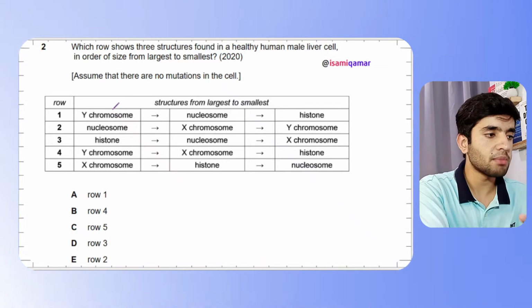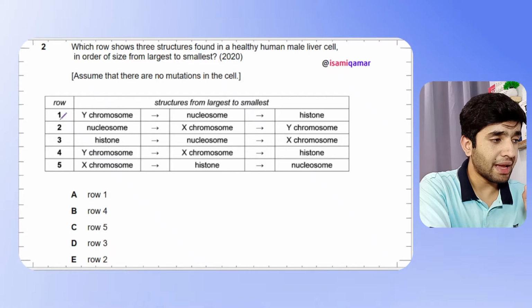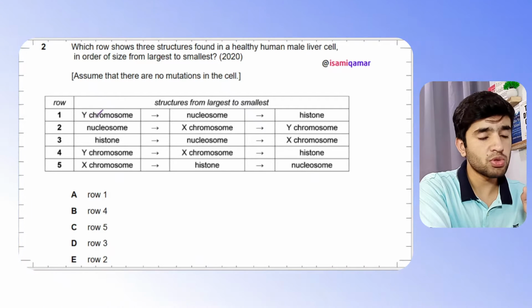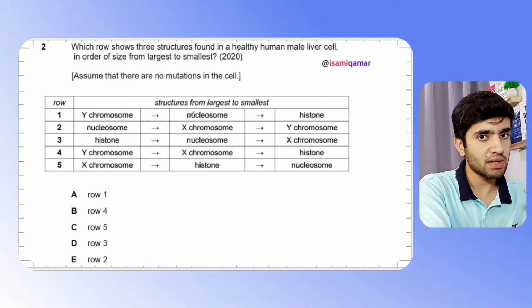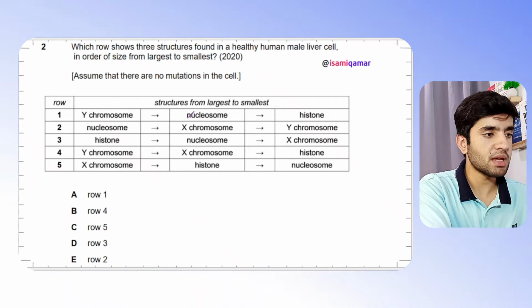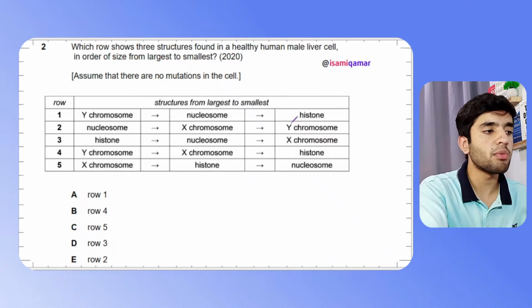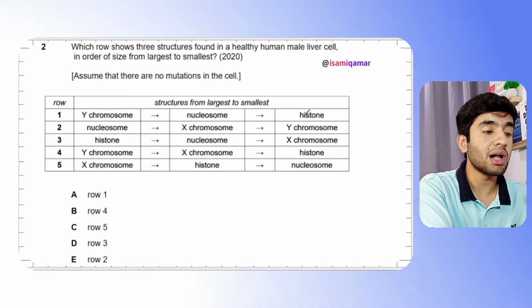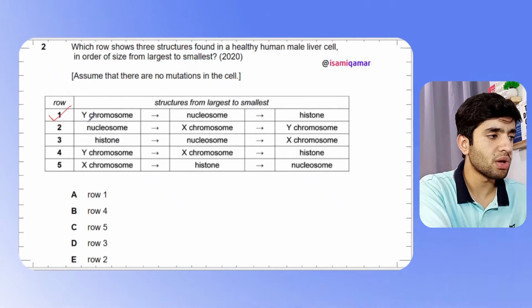I have got a picture, I will show you in a moment. So in the first row, Y chromosome is a chromosome, which is the bigger size, then nucleosome is smaller. Histone and DNA combine to form a nucleosome, so histone is also smaller than nucleosome. So this option is actually true.